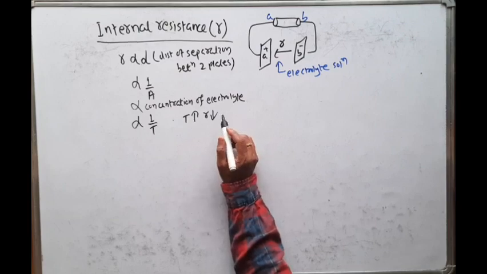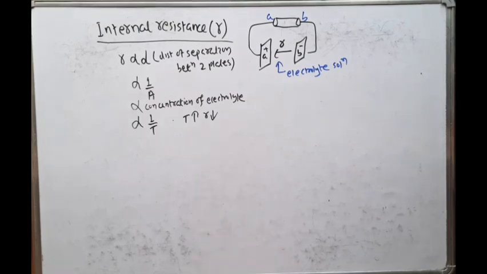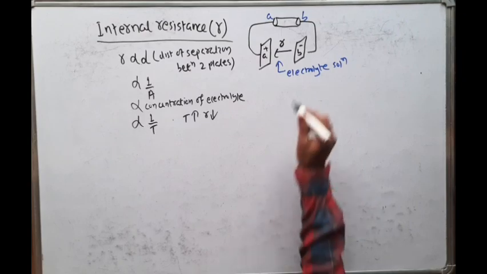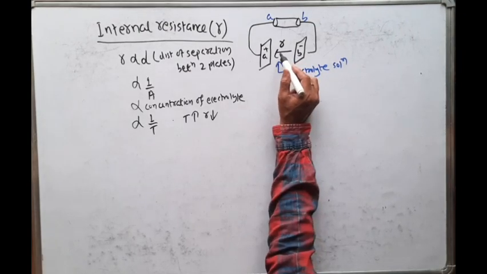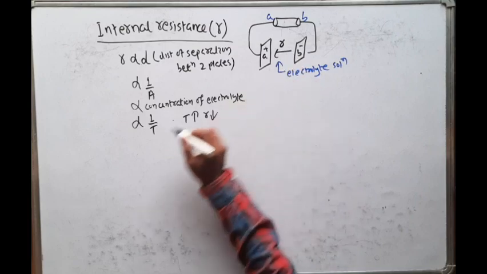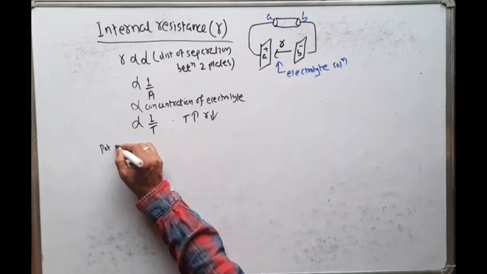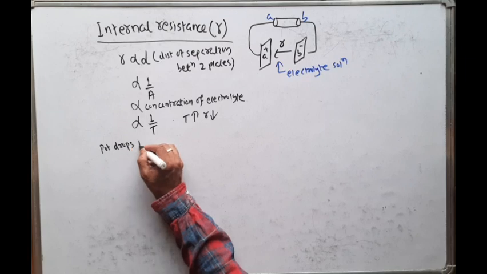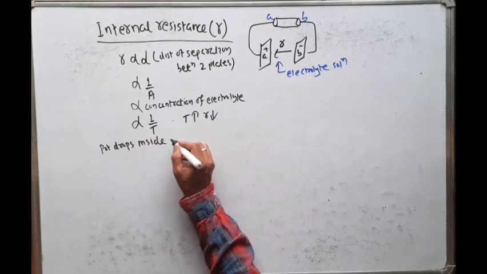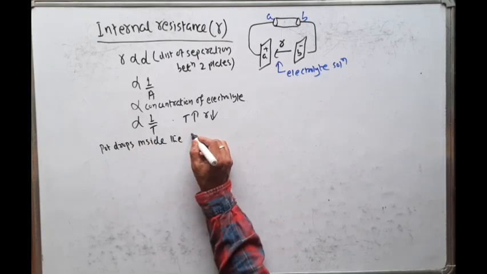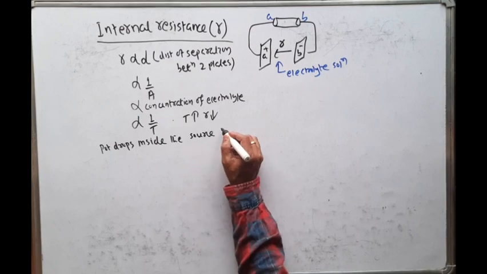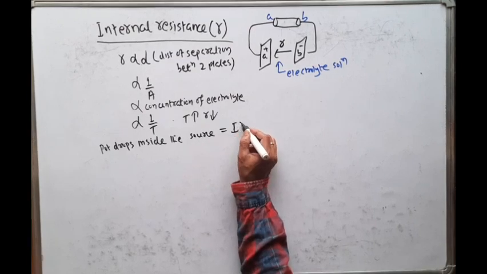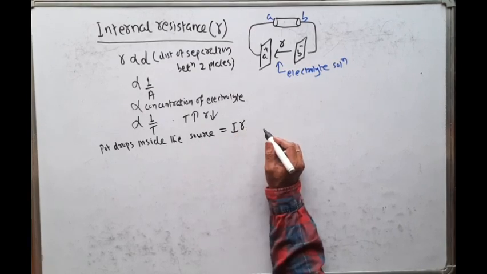So when current flows inside the source, due to internal resistance there is some potential drop. And what is the potential drop? The potential drop inside the cell or inside the source is equal to I into small r. So this is the potential drop inside the source.